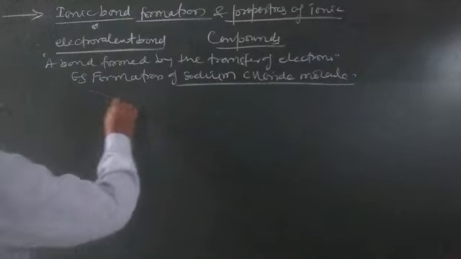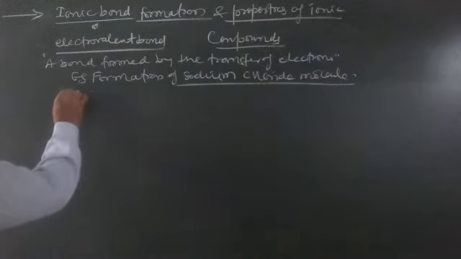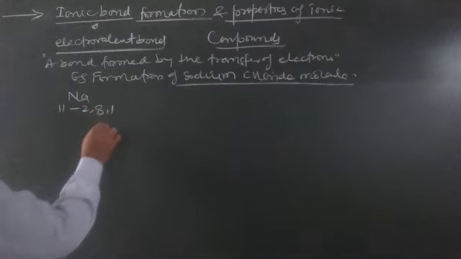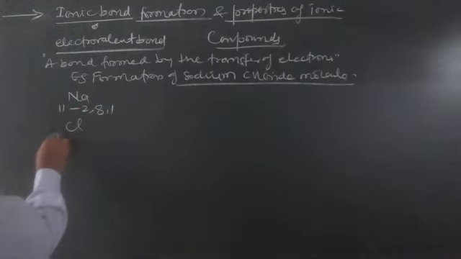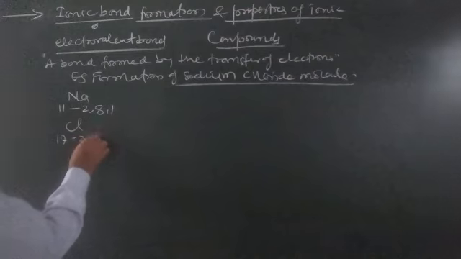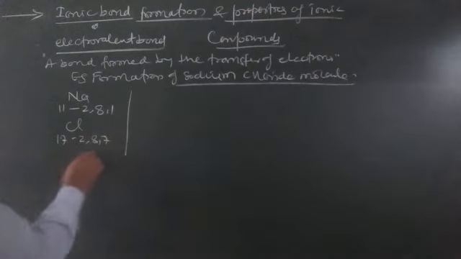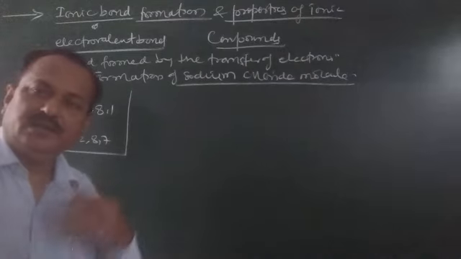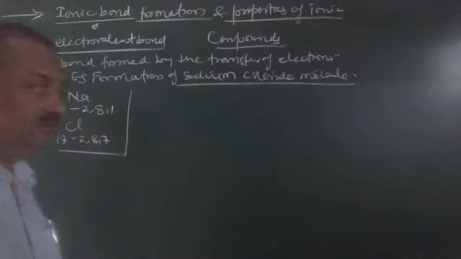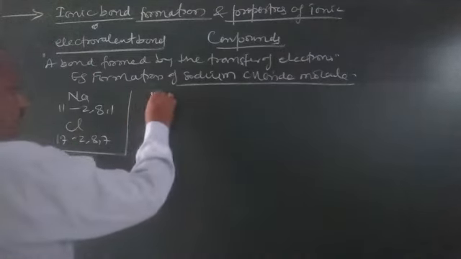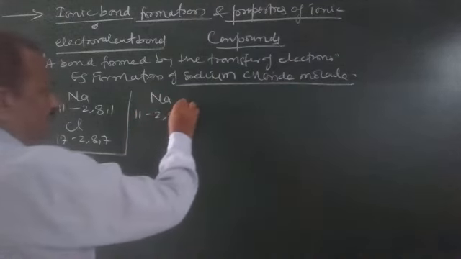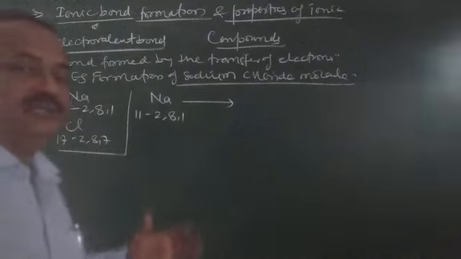So first, see sodium, atomic number 11, configuration 2, 8, 1. Chlorine, atomic number 17, 2, 8, 7. This is our basic idea. This we know. Now, oxidation reduction. So first, sodium, atomic number 11, 2, 8, 1. Now, sodium is a metal.